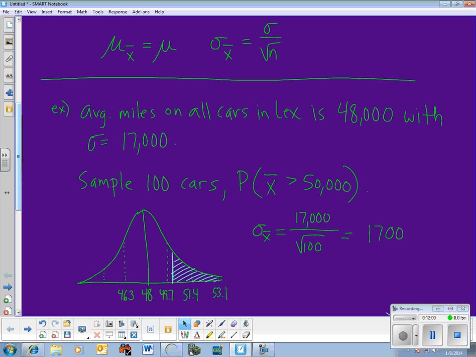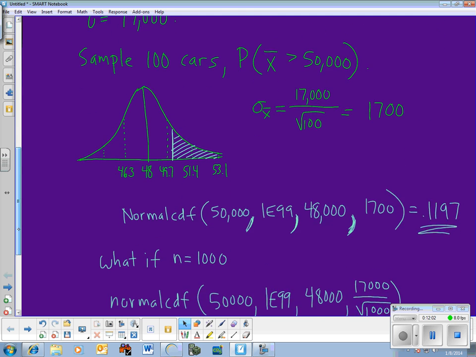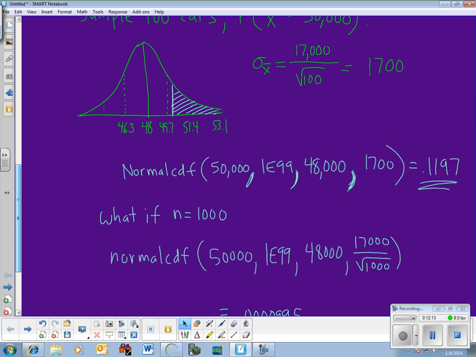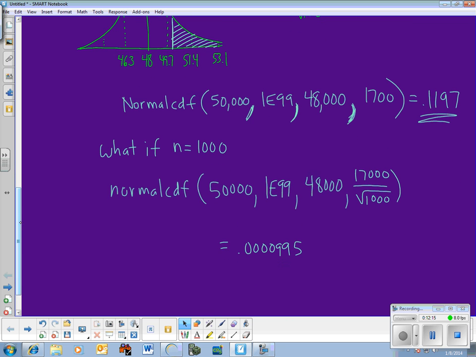So that'll tell you how old my car is. If you look at 100 at a time, we're down to a 12% chance that they could average over 50,000, if in reality the average is 48,000. If you look at 1,000 at a time, it's almost impossible that they could average over 50,000, if in reality we're drawing from cars who average 48,000.